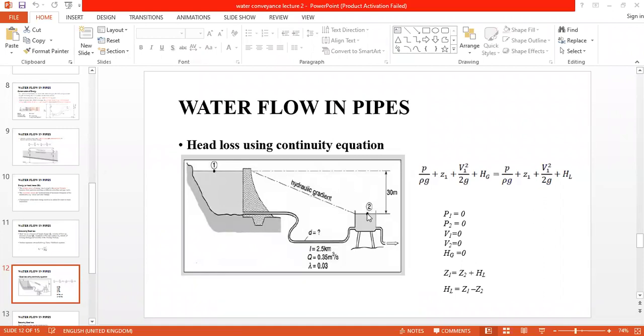So you're saying this water is at a height of 5 meters above a certain reference. If you're moving your water from a place which is 5 meters above to a place that is 2 meters above, we are saying that the head loss there will be 3 meters. That's one way. Another way of calculating the head loss in reality.